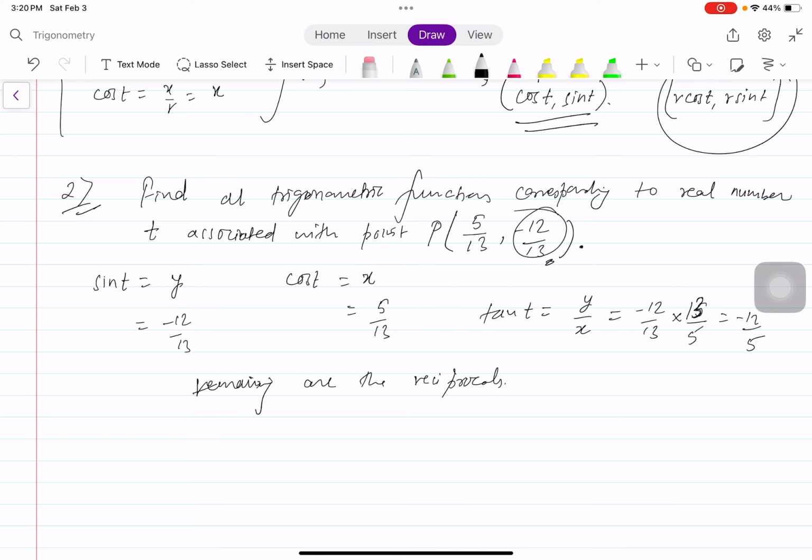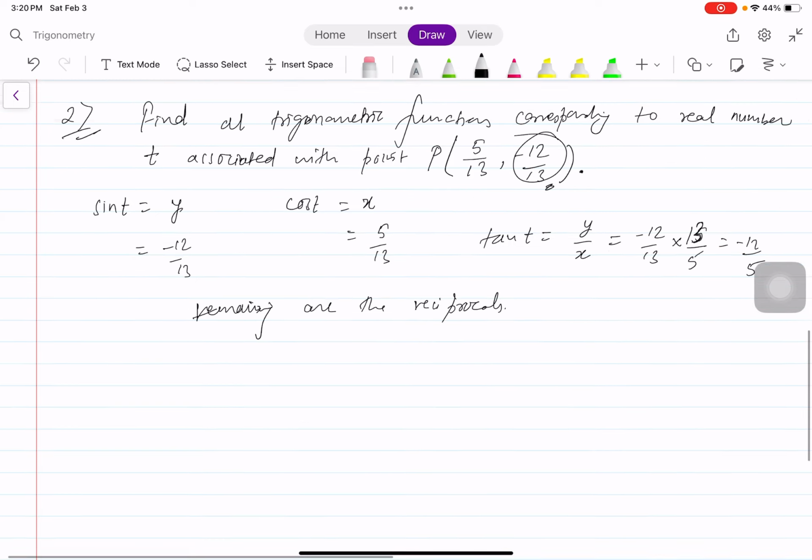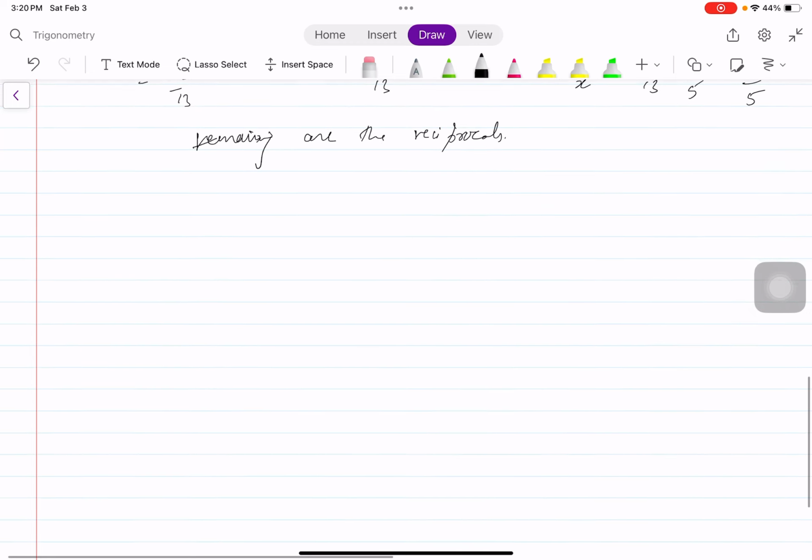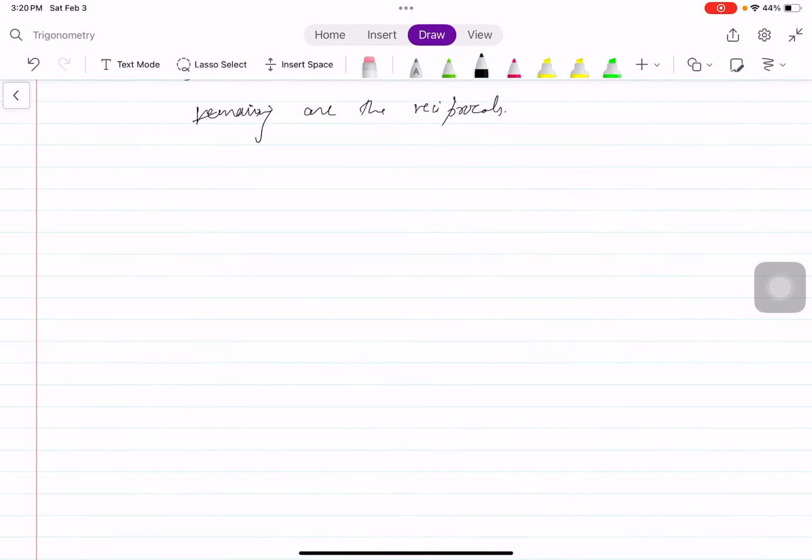Based upon this, we can determine standard values of the angles associated with different points, for example the standard angles 30 degrees, 45 degrees, 60 degrees and 90 degrees. I will only show the first quadrant.